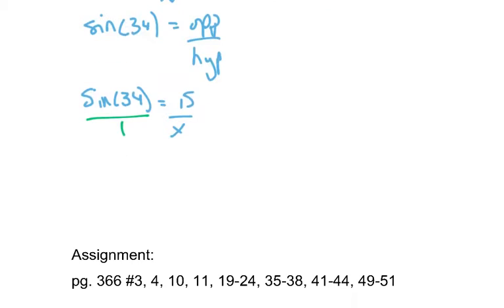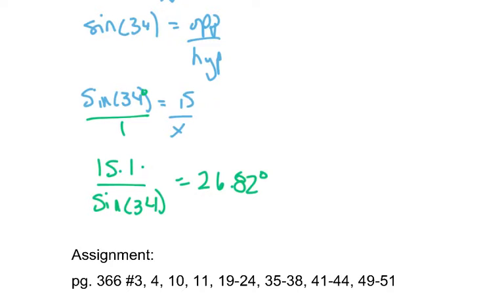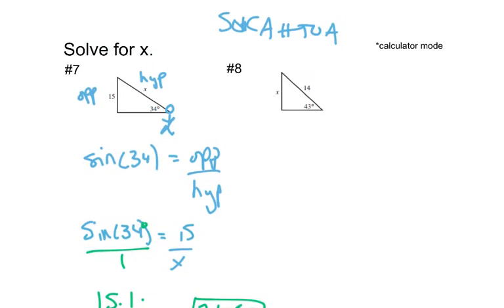Solve that with a proportion, meaning we do 15 times 1 divided by sine of 34. Make sure you're in degrees mode because we are inserting 34 degrees. From that we have an x value of 26.82. And by that I don't mean degrees, because it's the length of a hypotenuse.